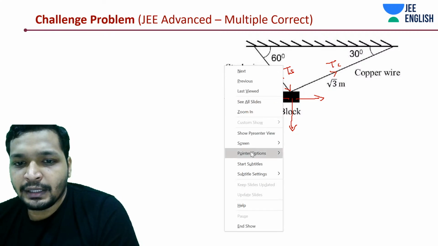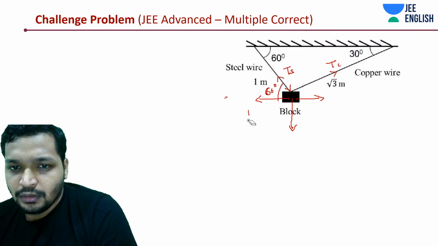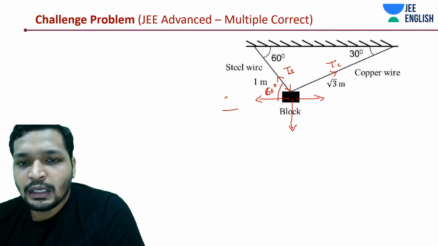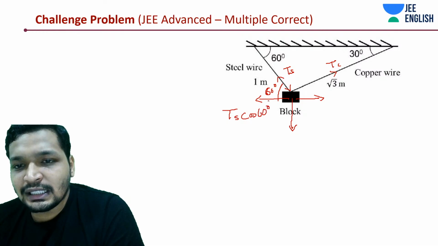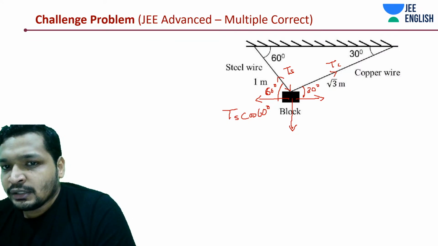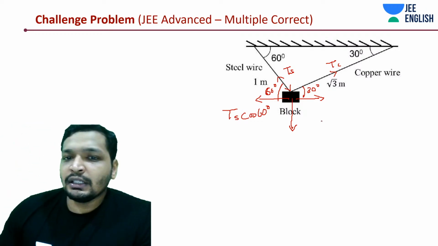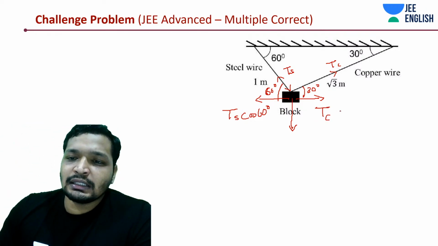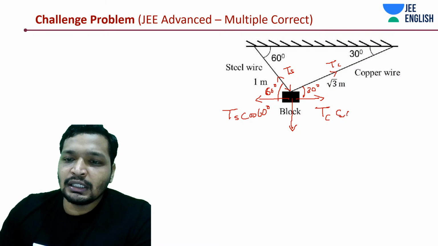Write it down: TS cos 60. And how much is this? This is 30 degrees, alternate angles. That is going to be TC cos 30.